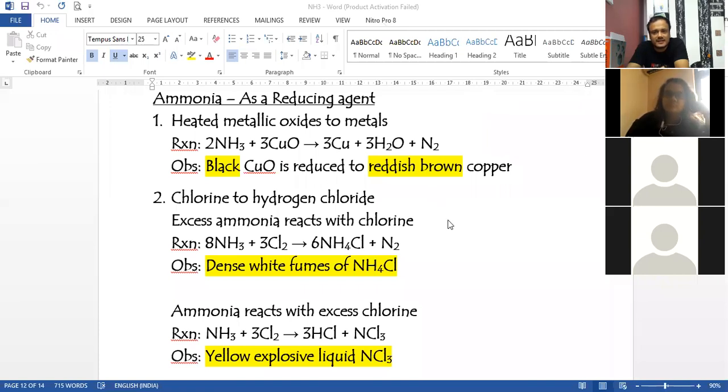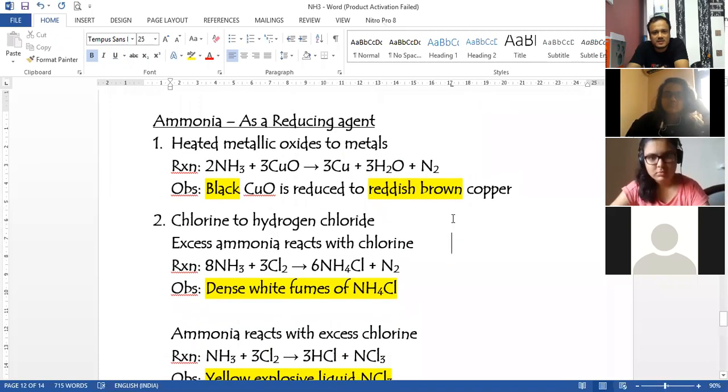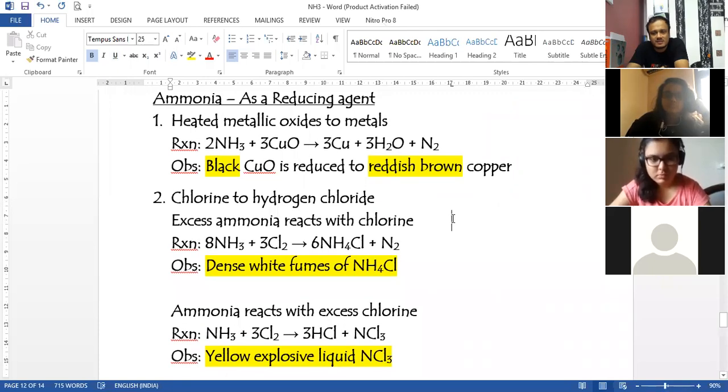Okay. So the next property of ammonia which we are studying is ammonia as a reducing agent. Now, I hope you all know what is a reducing agent. For those who don't know, I hope you know what is oxidation and reduction. We studied oxidation and reduction in three different ways.